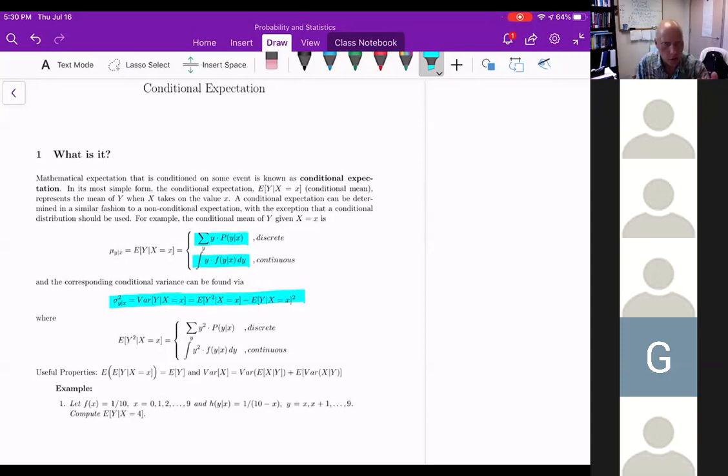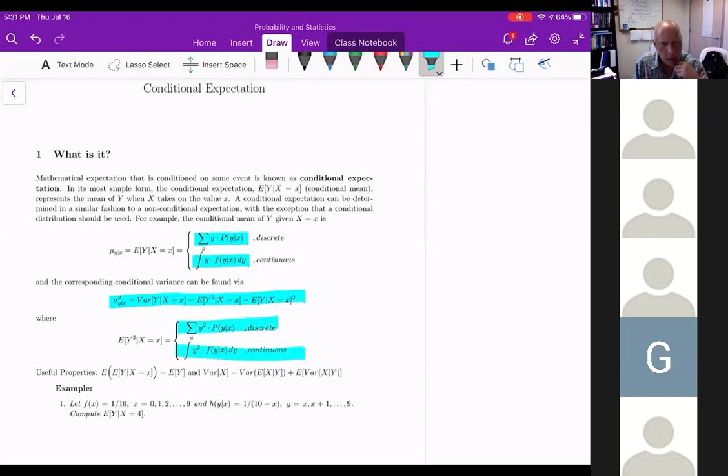It's just that those moments are conditional moments now. So it's the expected value of y squared given x minus the expected value of y given x, squared. And then I wrote how you'd get the second moment for the discrete and the continuous cases below that.